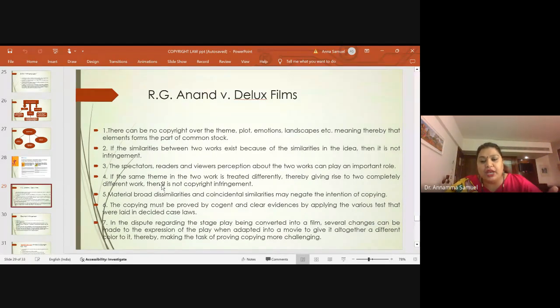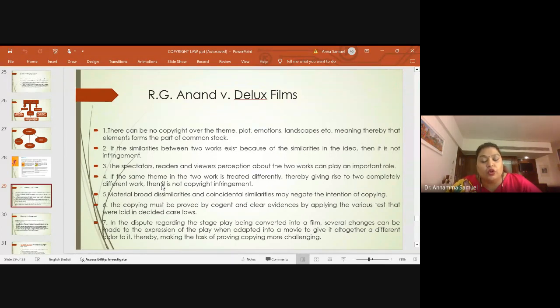If there is any similarity because of the idea, you cannot term it as an infringement. Now, the spectators' or the readers' and viewers' perception about both the works plays a very important role. If you find the work identical, but it is treated differently, then it might not be a copyright infringement.